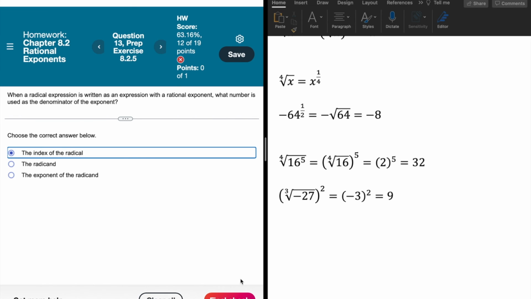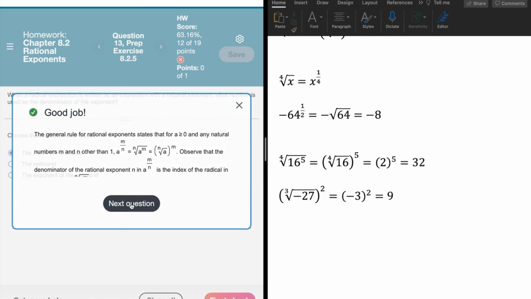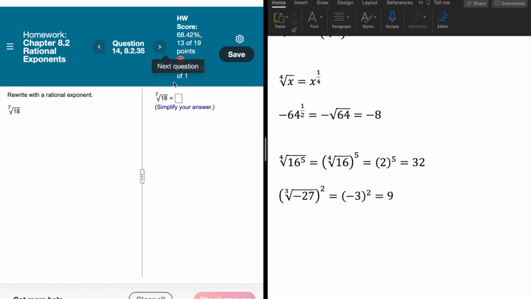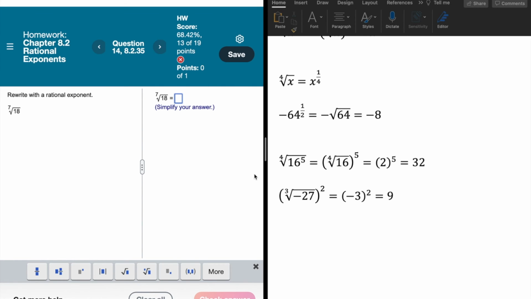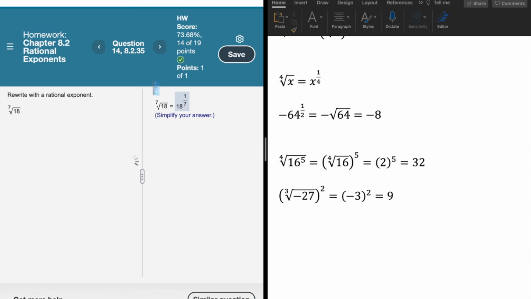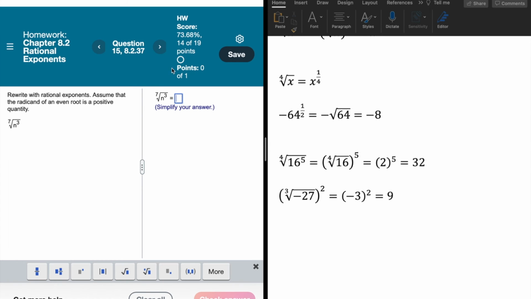Well, that's the index. We've already talked about that before. The denominator is the index. All right, so now we have the root. Rewrite it as a rational exponent. Well, 18 is to the 1st power, so 1/7.